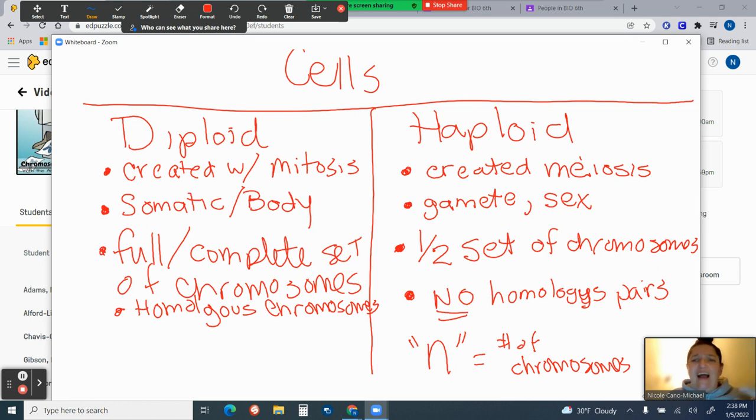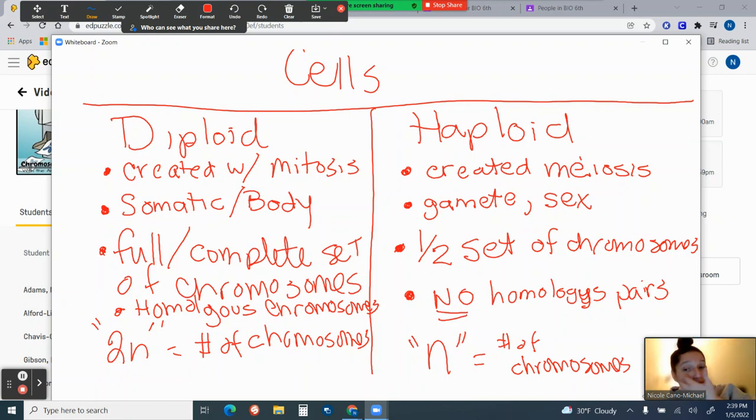If I was a fruit fly, I think the N represents like 4. I don't really remember off the top of my head. For diploid cells, if I want to use that variable, I'm going to say that diploids have 2N. 2N is equal to my number of chromosomes in a diploid cell. So this is the main information that hopefully you were able to glean not only from the reading guide from yesterday, but also from the video from today.